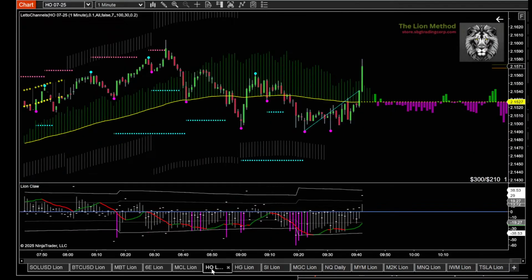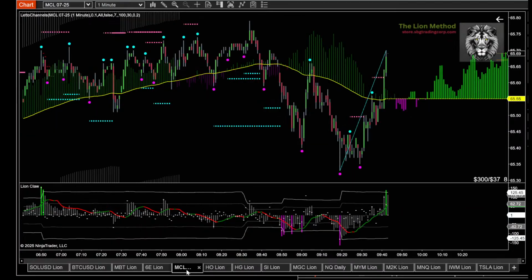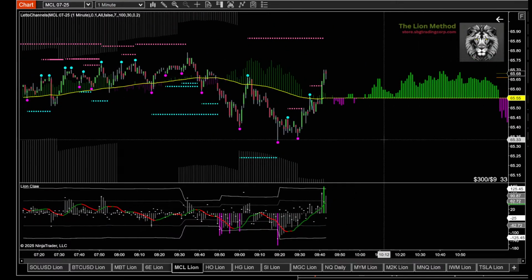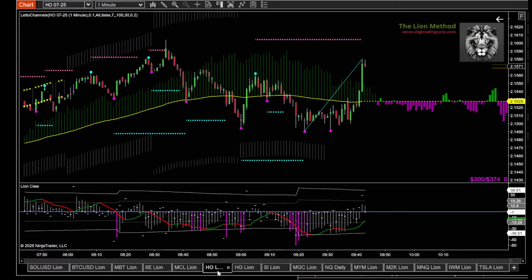All right, well, heating oil has a positive net delta at this moment. Crude has hit a significant net delta push. We're still not overbought, oversold. That's what I want to hit.